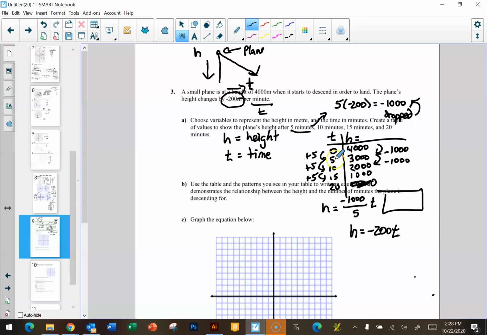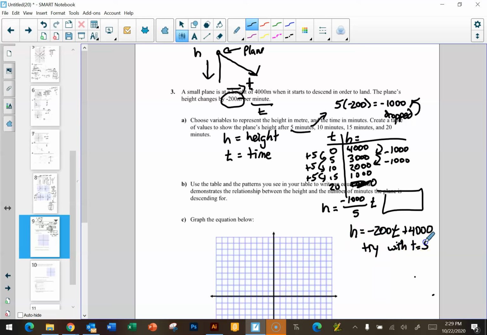So if time equals 0, negative 200 times 0 is just 0. But I need to get to 4,000. So how do I get to 4,000 from 0? I have to add 4,000. Let's see if that works with our other numbers.